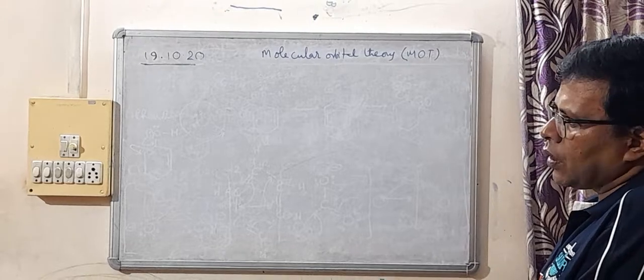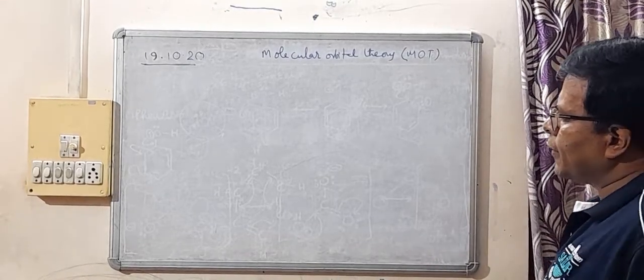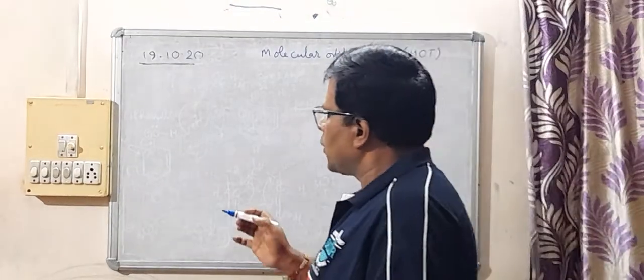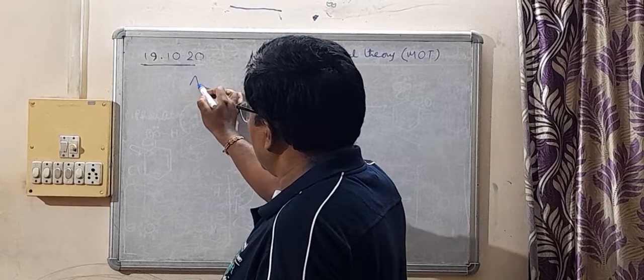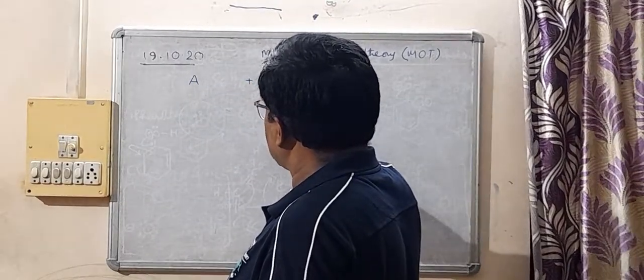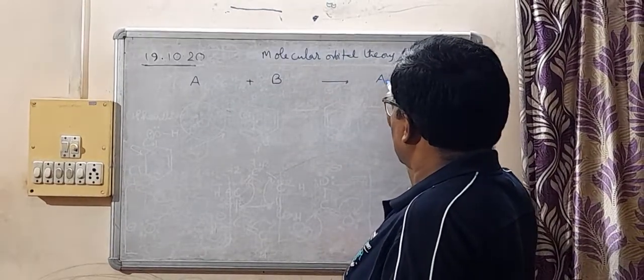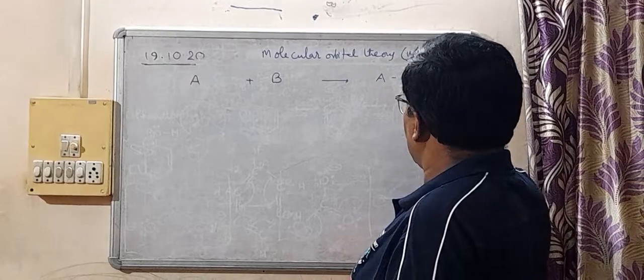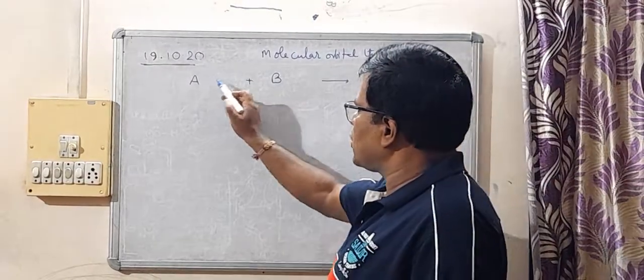So, what is molecular orbital theory? Suppose an atom A is combining with atom B to form a molecule AB, where the bond is formed between A and B.